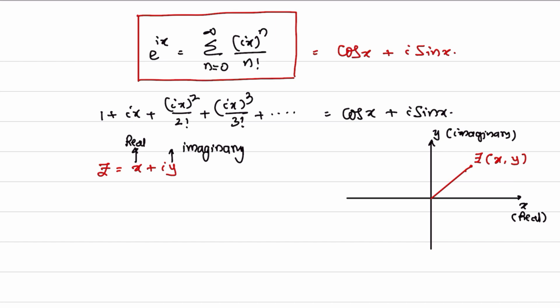This is origin O. We can call that number z or p, whatever we want to call, you can call it by any name.